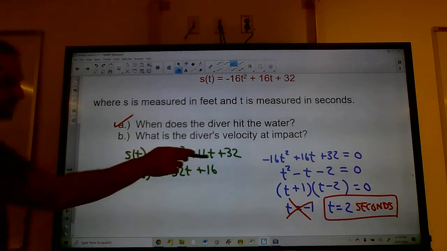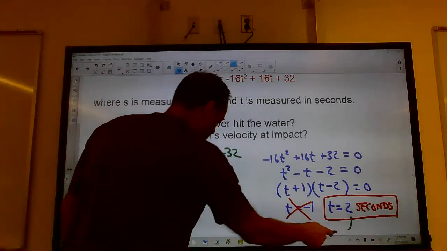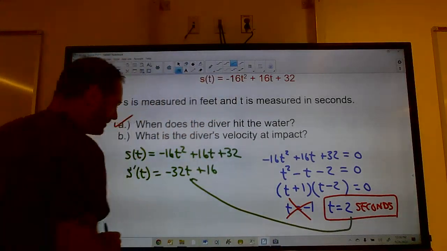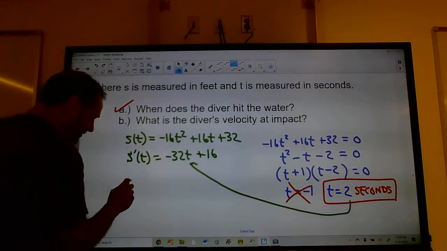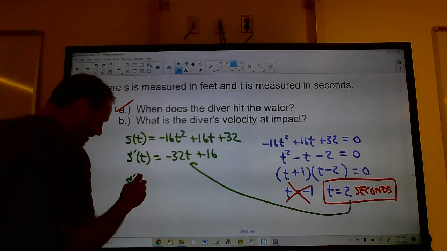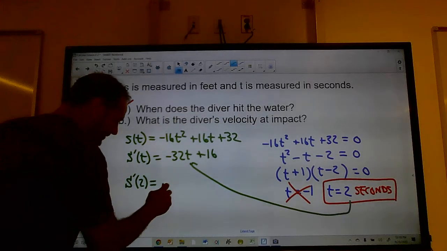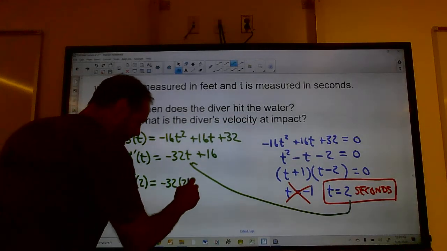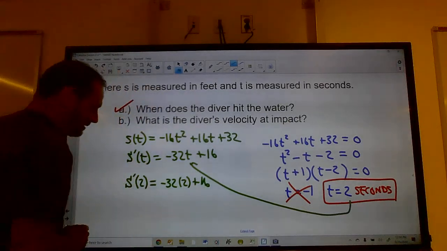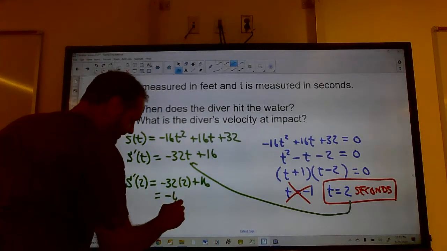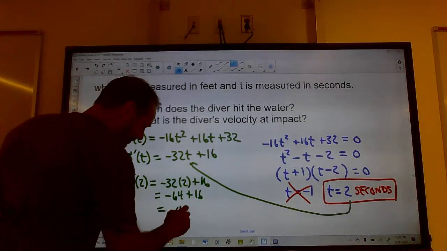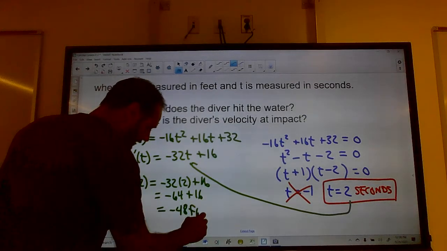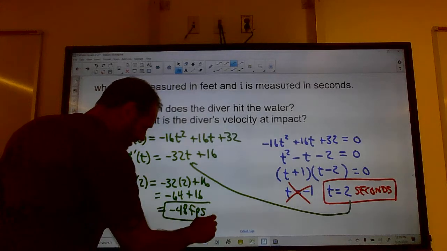Now I'm going to go ahead and put 2 seconds in here because I want to know what his velocity is at 2 seconds. So S prime of 2 is negative 32 times 2 plus 16, which is negative 64 plus 16, which is negative 48 feet per second. Done.